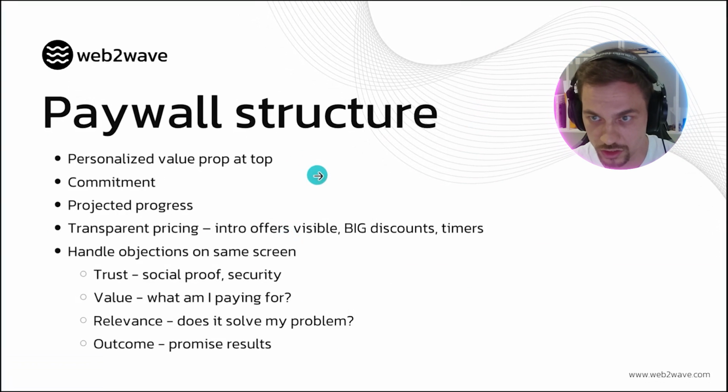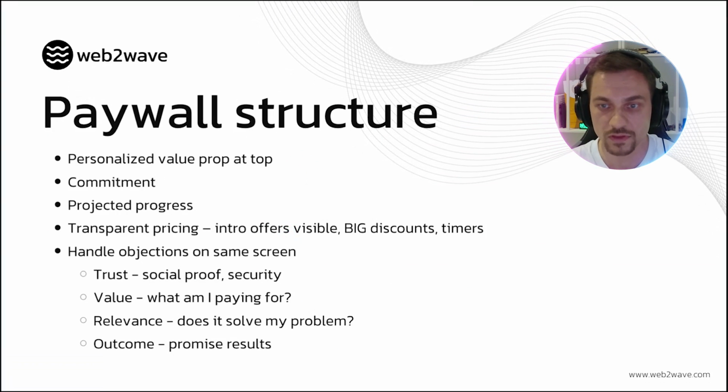The paywall structure that you have to have is different from paywalls that you usually have in a mobile application. In a mobile application, paywalls are pretty easy, I'd say. We show a title, something like choose your plan or get premium, get all the features. Then we list some features.